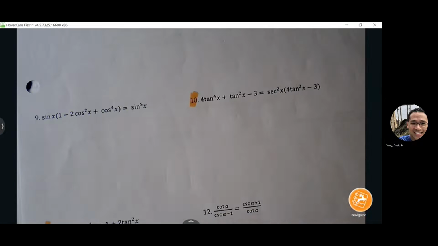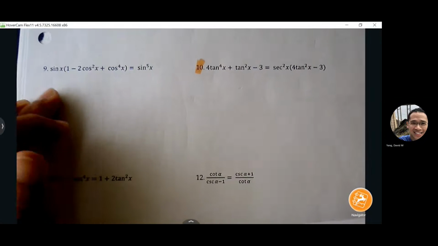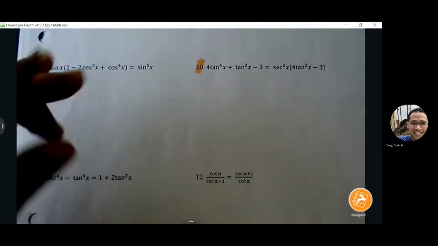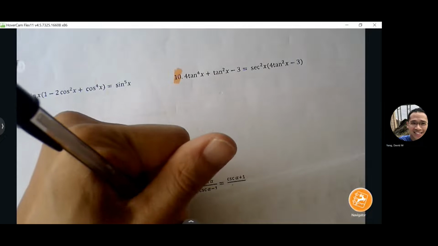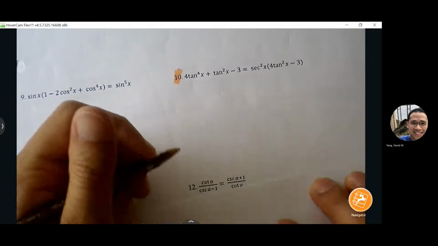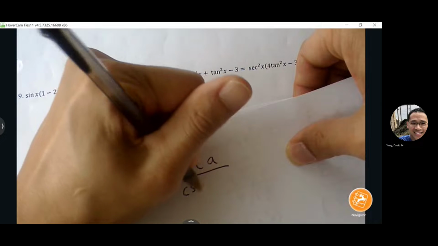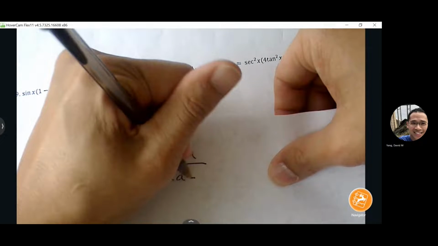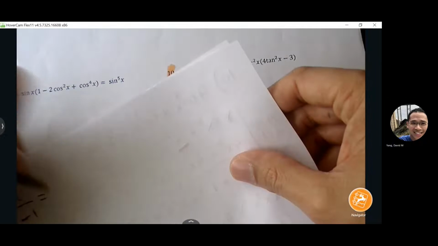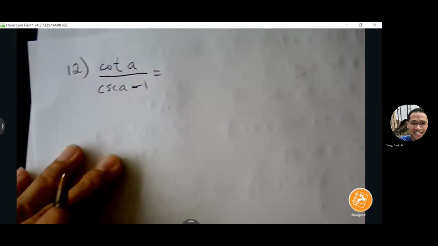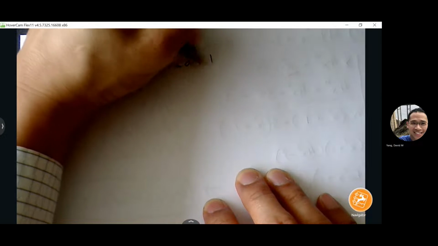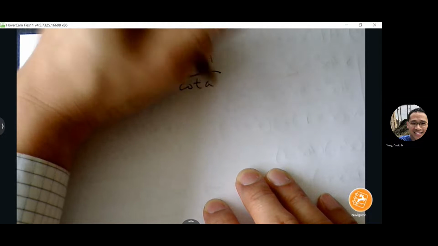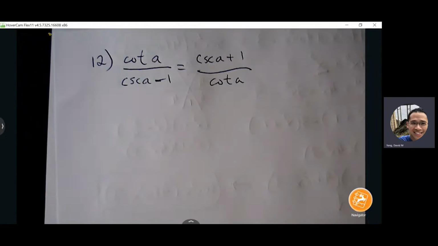Number 12. Okay, I'm going to start on the left side.